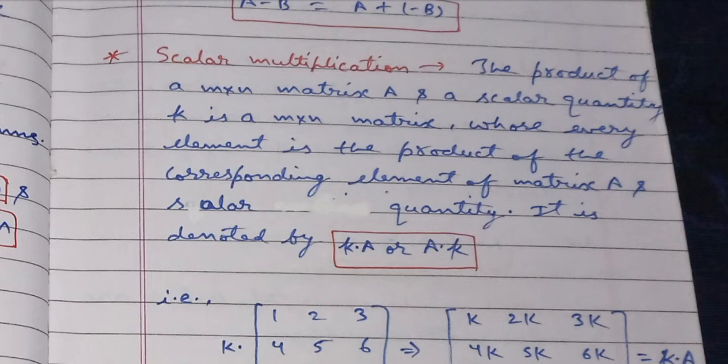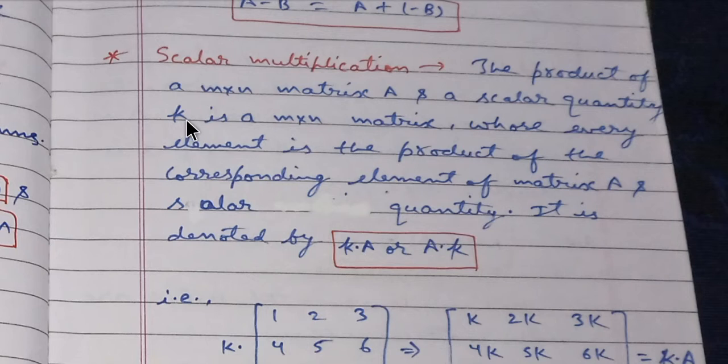The scalar quantity is just a number, a constant or anything else. We can take this constant as k, so k will be the scalar quantity here. K can have any type of value: 1, 2, 3, 4, 0, anything else.